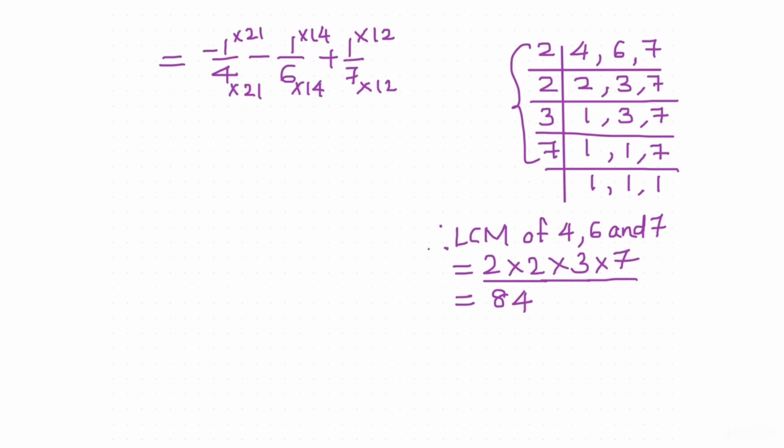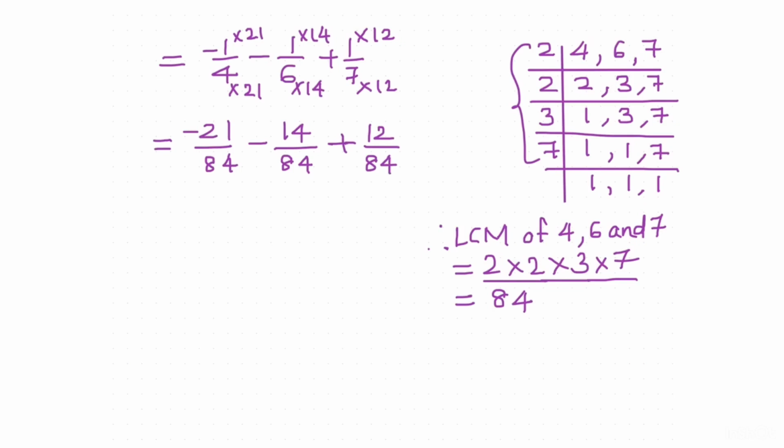Now this expression will be equal to minus 1 times 21 is minus 21 by 4 times 21 is 84, minus 1 times 14 is 14 by 6 times 14 is 84, plus 1 times 12 is 12 by 7 times 12 is 84.